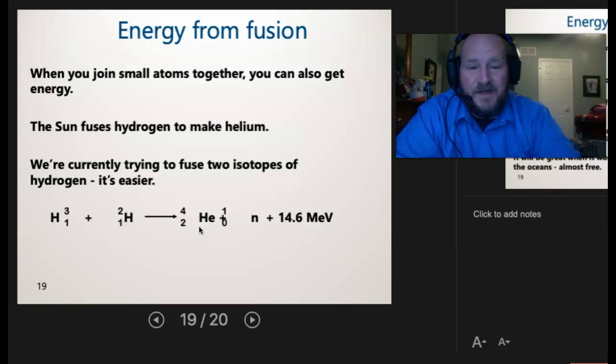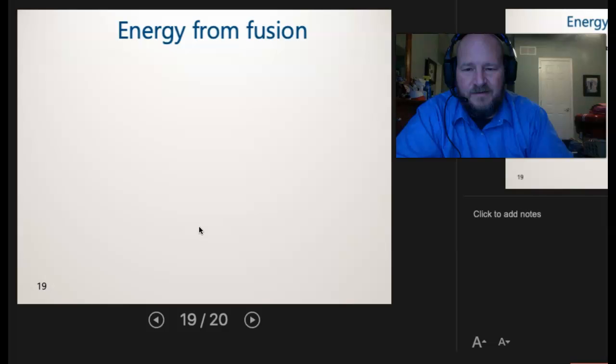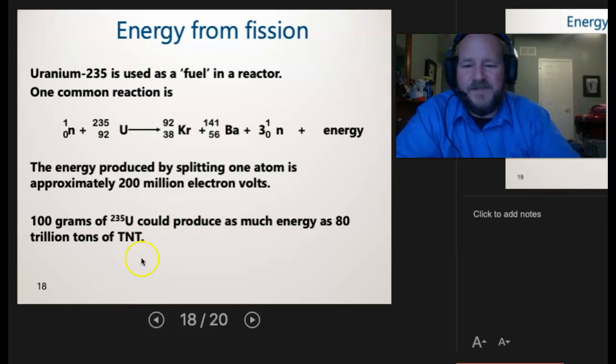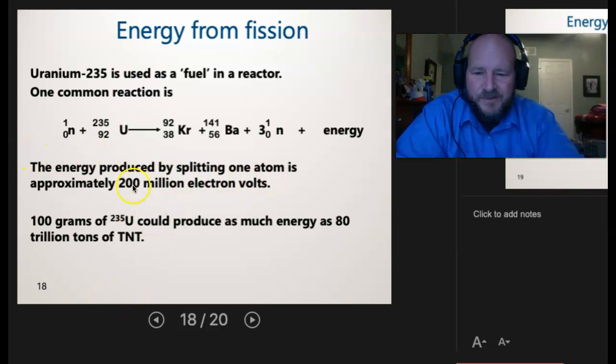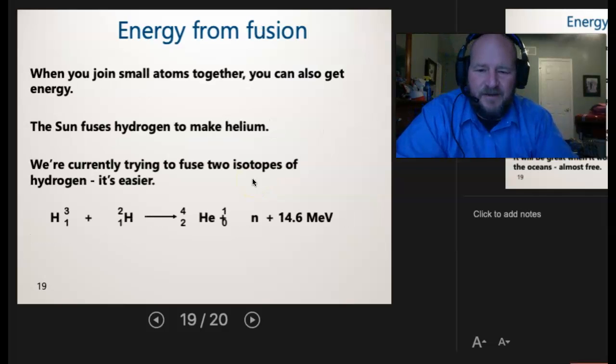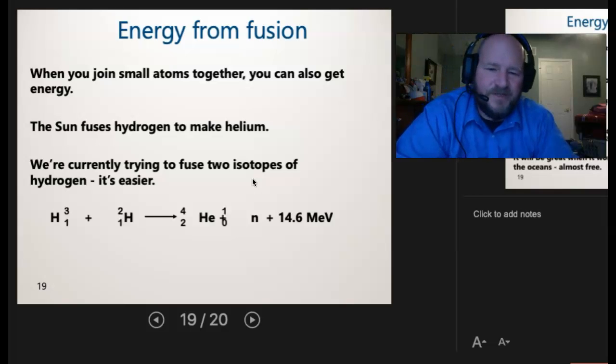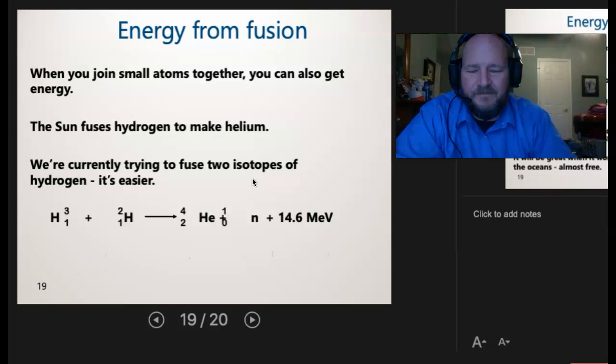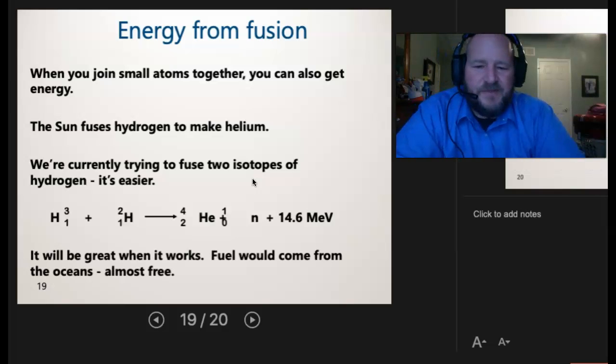Not nearly as much as before, right? Here we saw it was 200 million electron volts. Here we're only going to get 14.6 million. However, it will be great when this works because the fuel would come from the oceans.